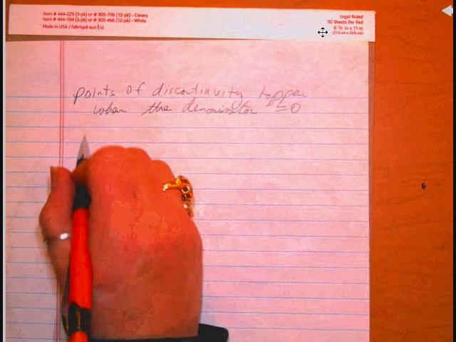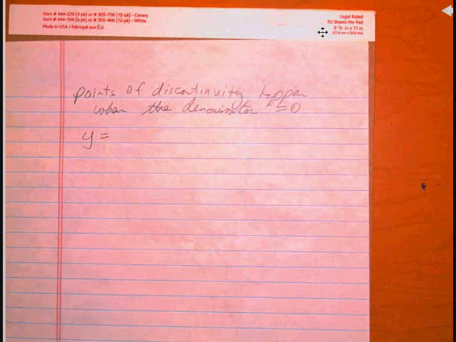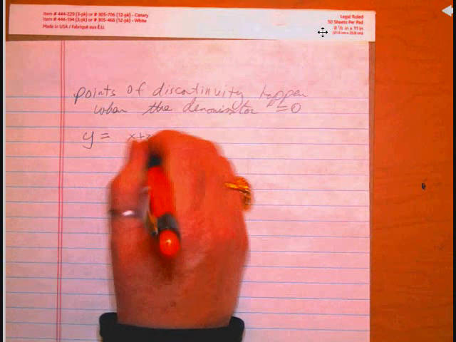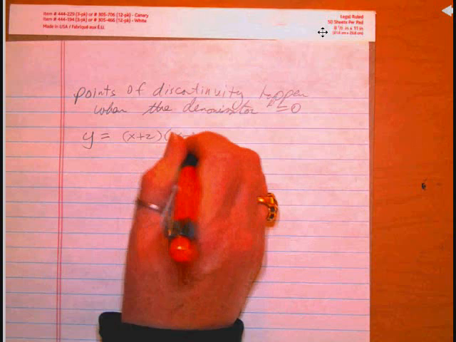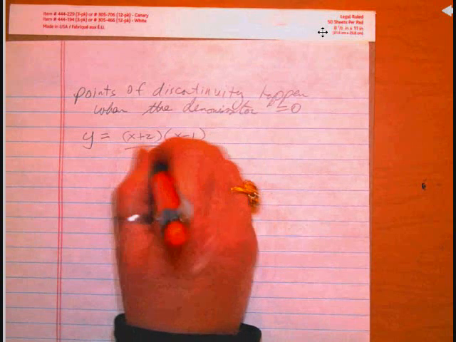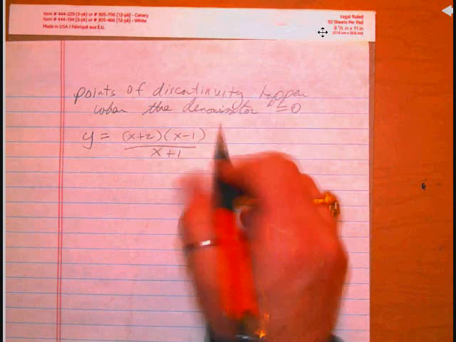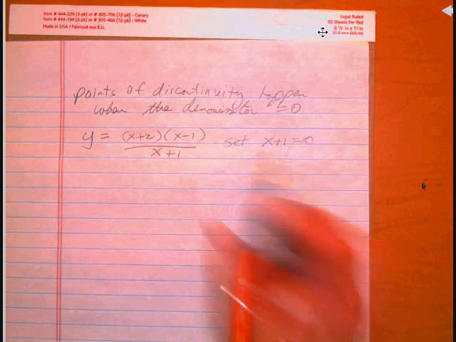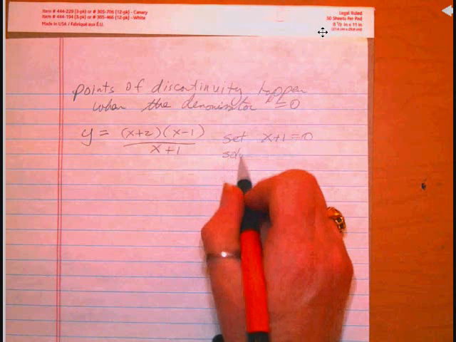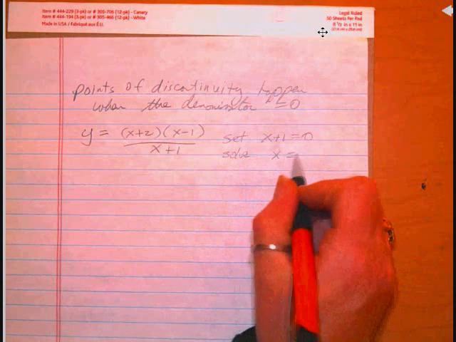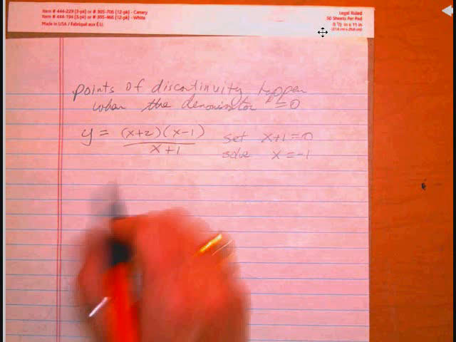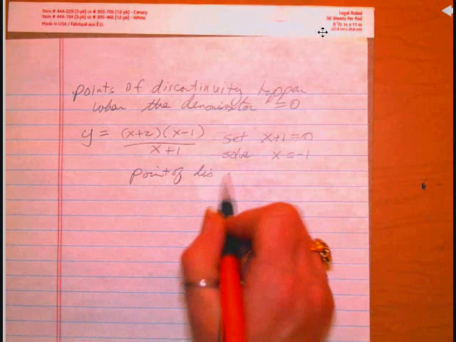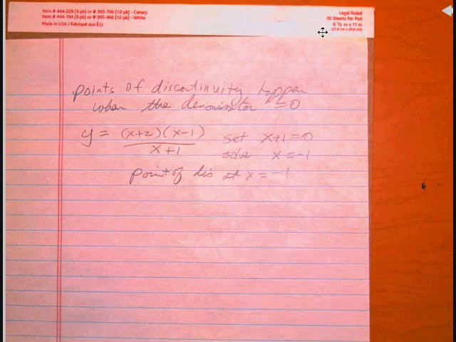For example, if I have y equals (x plus 2)(x minus 1) over (x plus 1), I set the denominator equal to 0. I solve for x. X equals negative 1. I have a point of discontinuity at x equals negative 1.